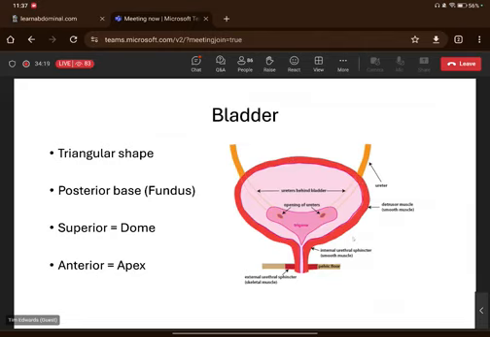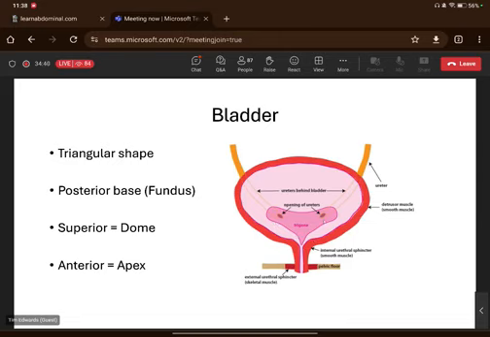And then the anterior part that you'll see in the next couple of images is called the apex of the bladder. And this area at the back is an area of triangular mucosal tissue called the trigone.